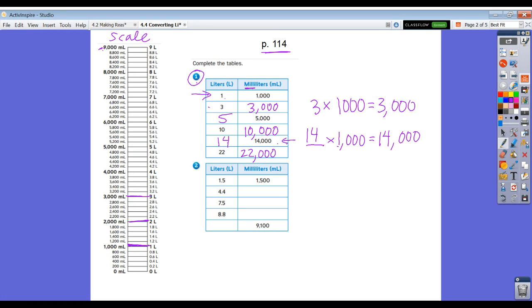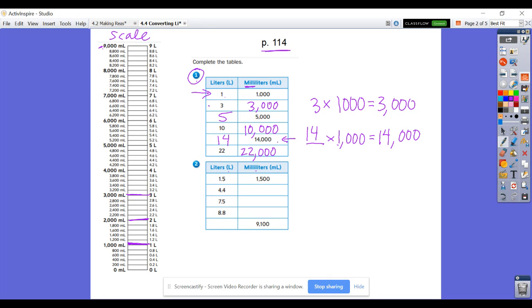Next up, now it wants us to go from liters to milliliters, but now with decimals. Now remember, a decimal is a part of a whole. So if I had 1 5/10 of a liter, it means I don't quite have a full liter.